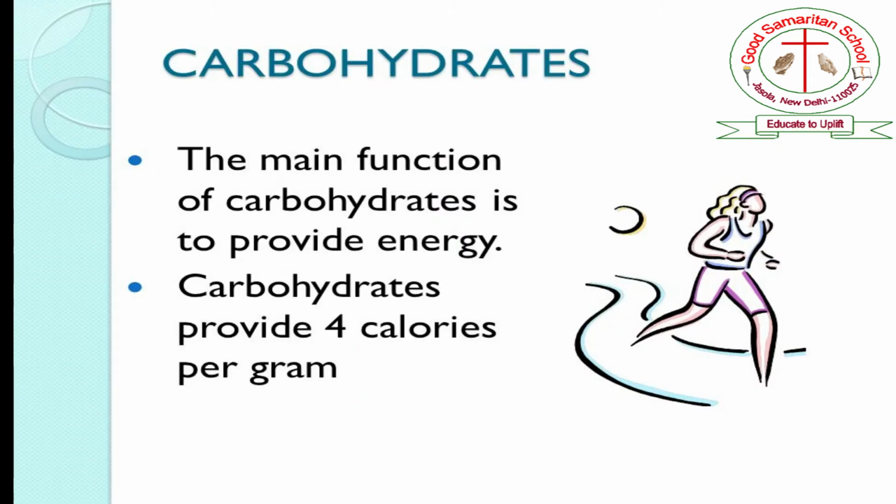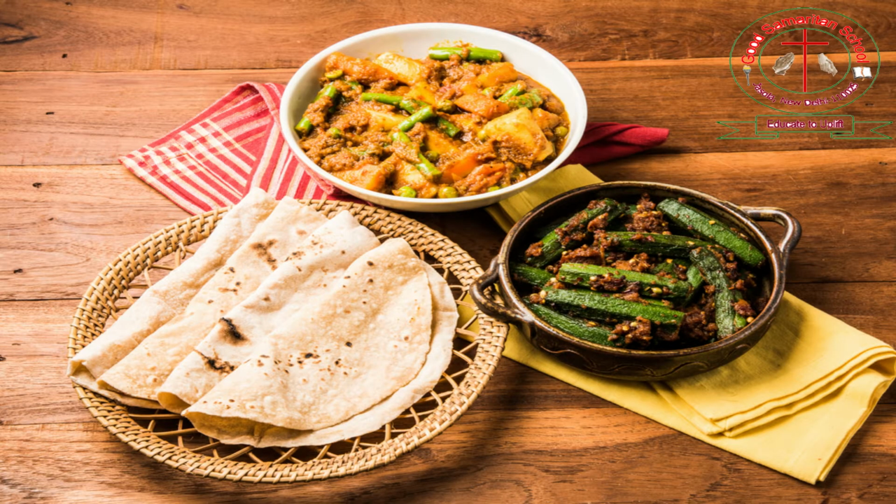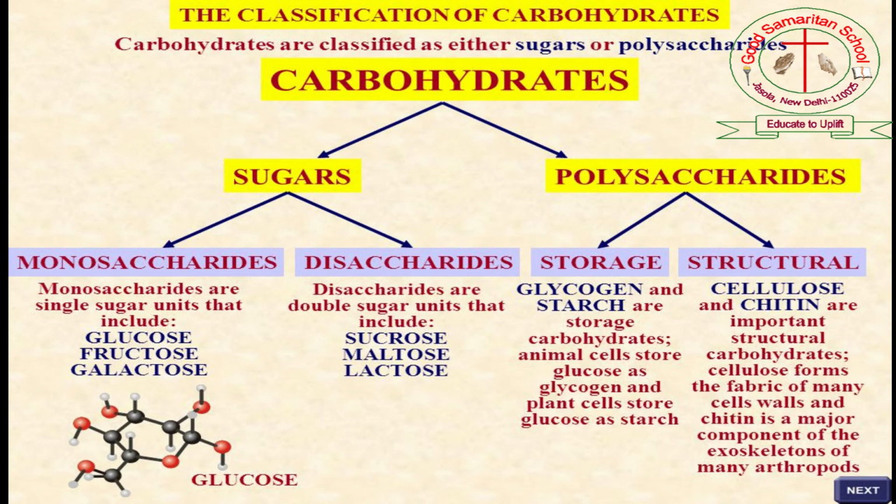So carbohydrates, which make up approximately 60 to 65% of the average Indian diet, are classified as either monosaccharides, disaccharides, or polysaccharides. The term saccharide is just another word for sugar. The prefixes mono, di, and poly refer to the number of sugars in the molecule.